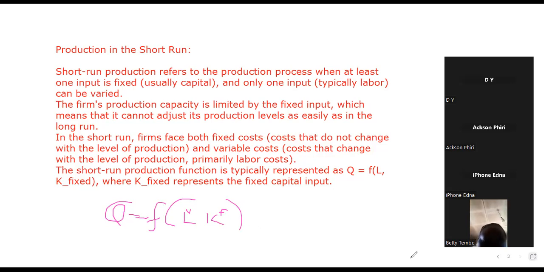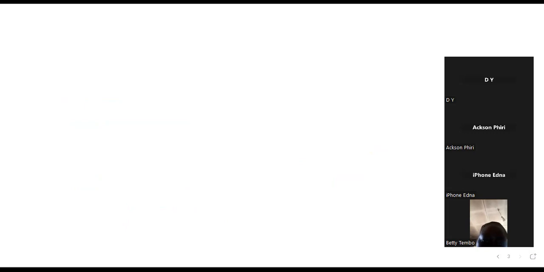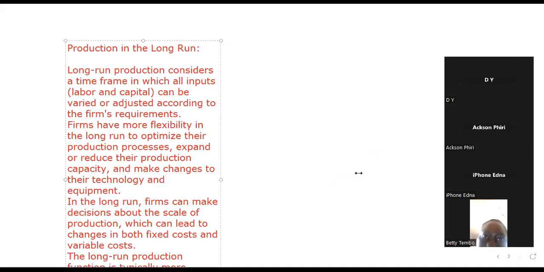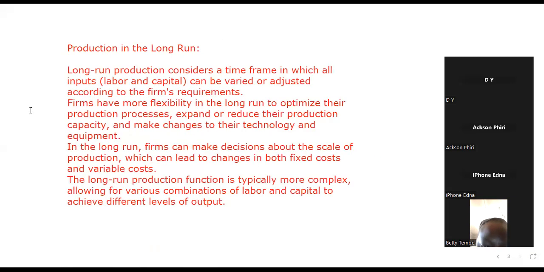So we go to the long run. What happens in the long run? In the long run, production theory states the following: that where a time frame is given, all inputs, labor and capital, can be varied or adjusted according to the firm's requirements.